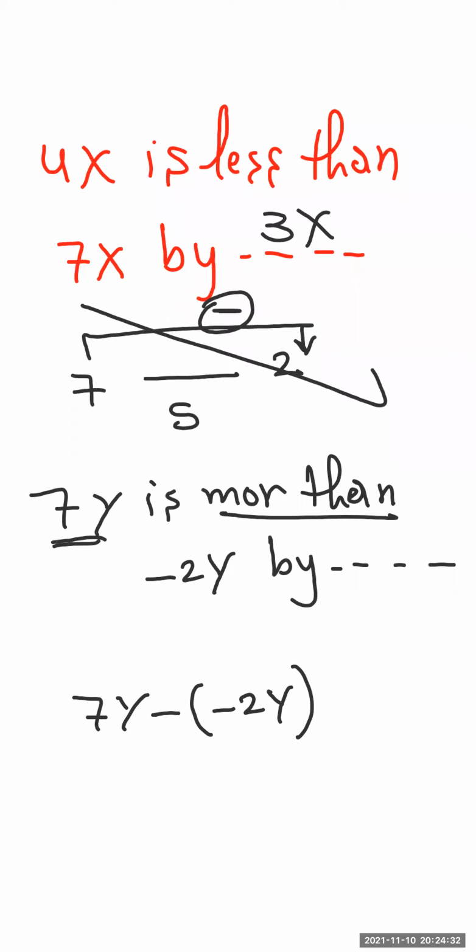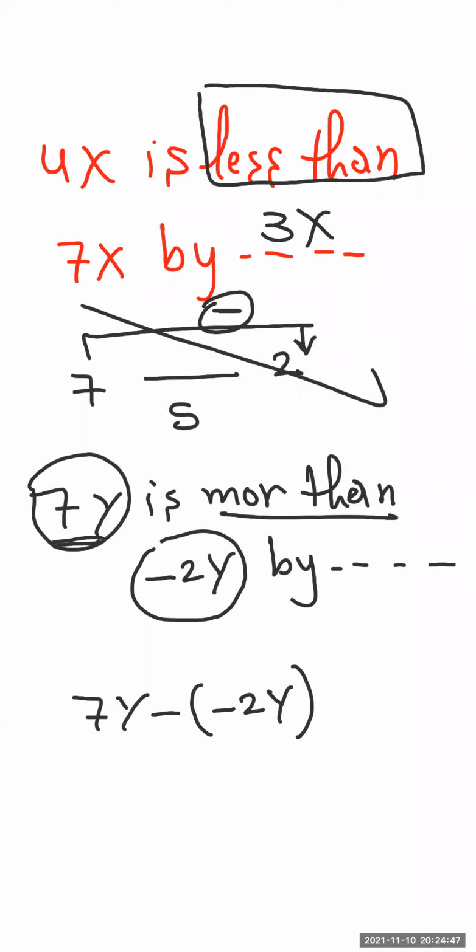Listen, guys. I said I don't care about the greater and the smaller. I only care about if it's more than, so the first minus the second. If it's smaller than or less than, the second minus the first. I don't care which one is greater or smaller. This is not my concept at all.